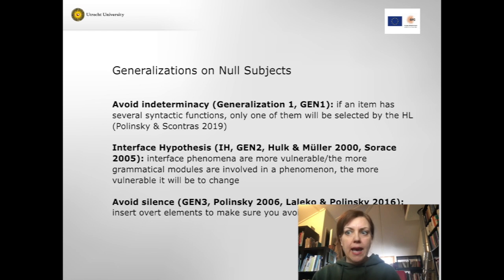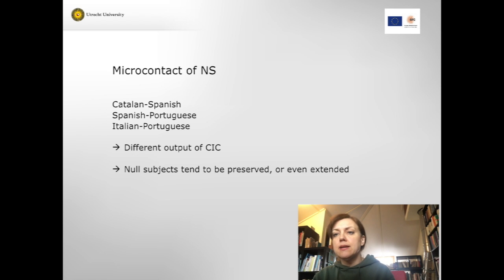Generalization on our subjects, again, indeterminacy: of course, you don't want it to be indeterminate because you don't really know what this pro is referring to and what it's doing. Interface hypothesis, as I've just said, and avoid silence. Obviously, if you have a null element, that's silence.